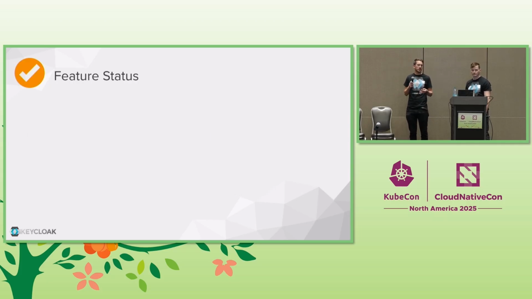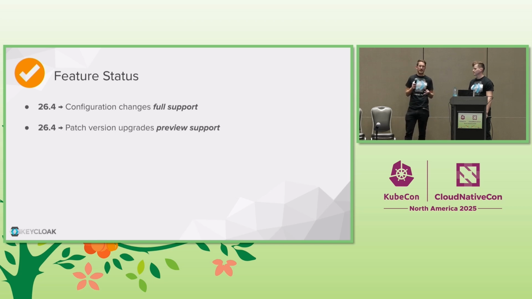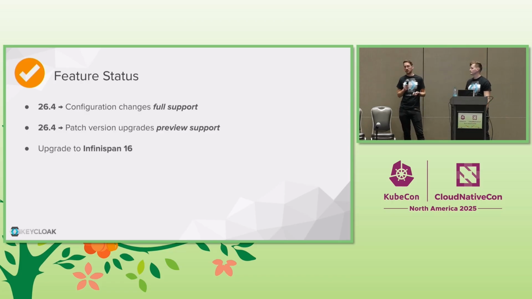So what's the current status of this feature? Well, from 26.4, rolling updates of configuration changes is fully supported. Keycloak patch version upgrades is only in preview support, and the reason for that is we're waiting to upgrade to Infinispan 16. It was only released on Friday, so give us some time there.